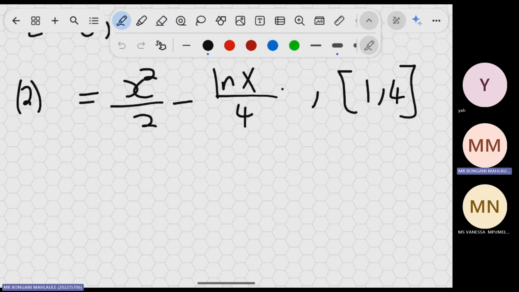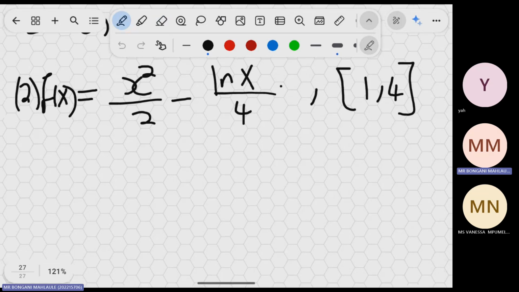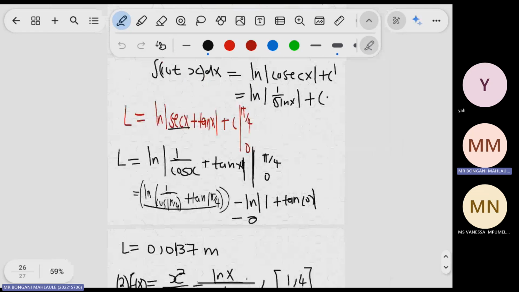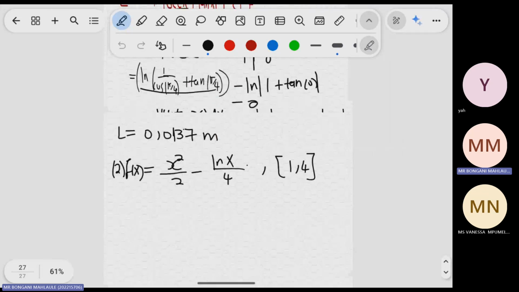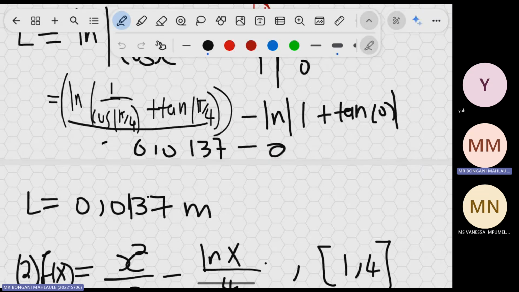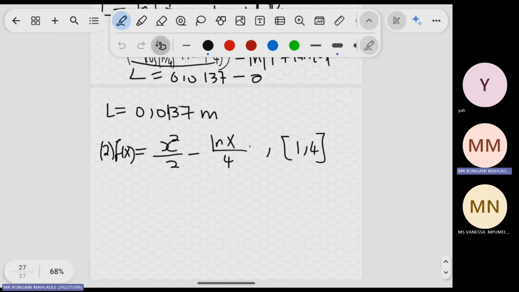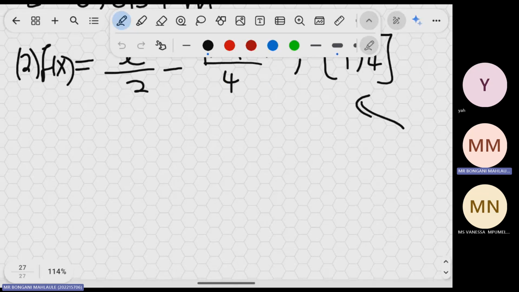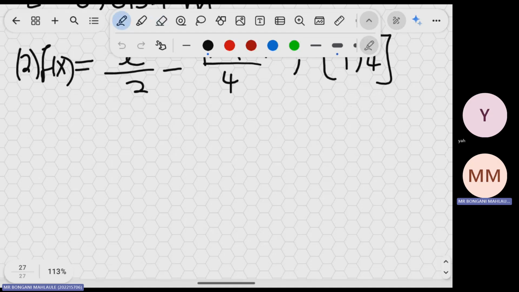Let me put f of x as well here. So we're done with the length. Did you guys understand? This is 0.07. Okay, this one you will do it. If you struggle, you'll tell me.